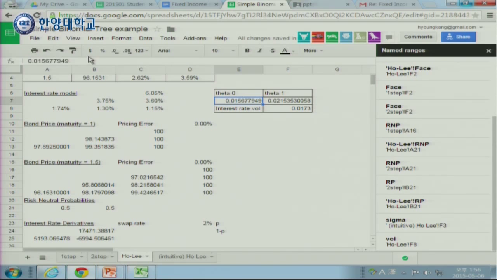Now suppose that interest rate volatility went down. So let's say this is the minus. Now it is quantitative easing, so the price is still almost 0.